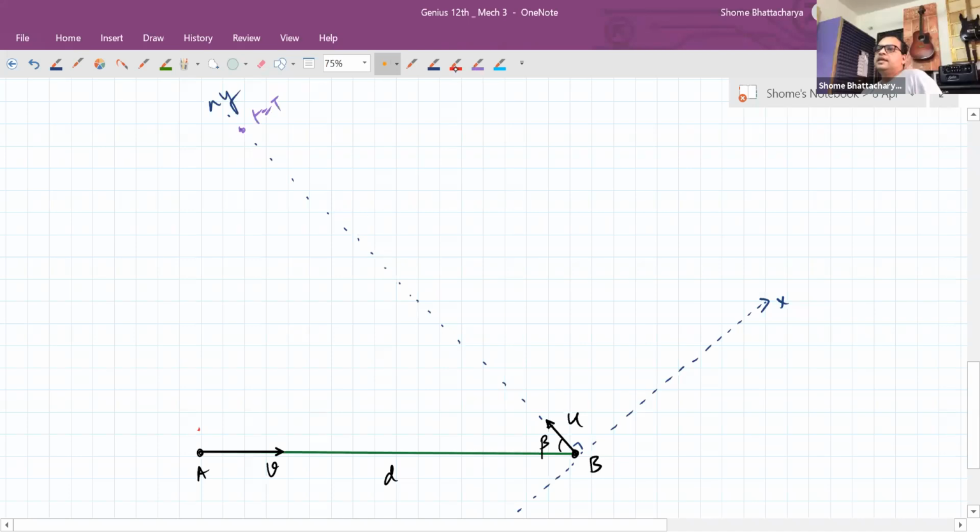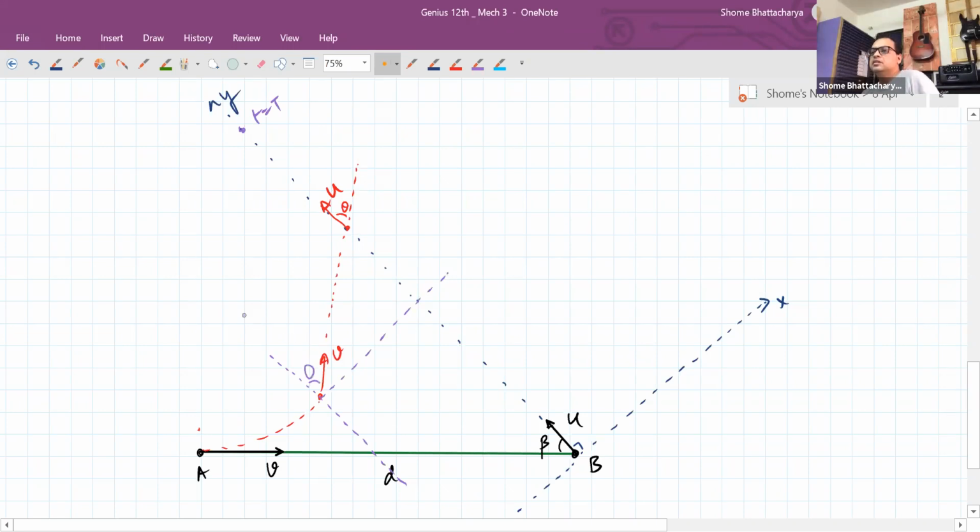We can also see that at that intermediate time, when A was somewhere here and B was somewhere here, if this angle was theta, then this line is parallel to the y-axis and this line is parallel to the x-axis.